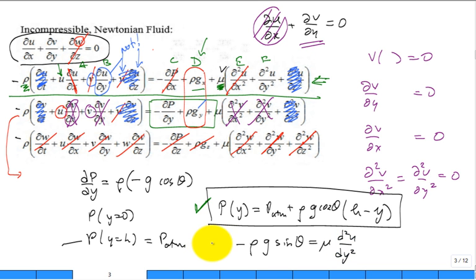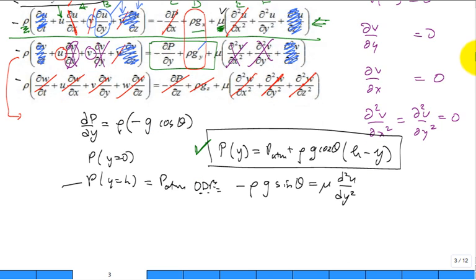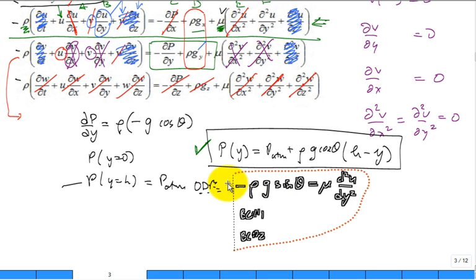This is an ODE. Does that equation look good? How many boundary conditions do I need? How many boundary conditions? 2, boundary condition number 1, and boundary condition number 2. Let me do this. I'm going to grab that now and move it to the other slide, if I can grab it.